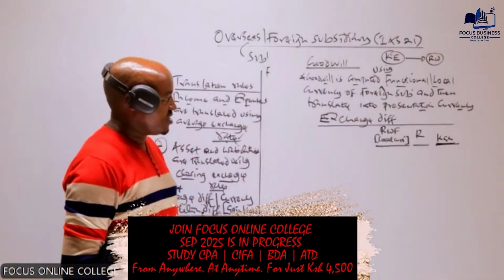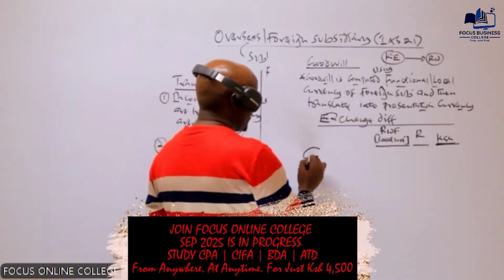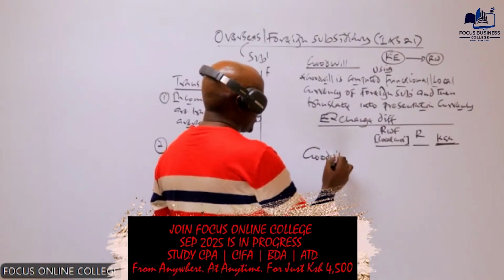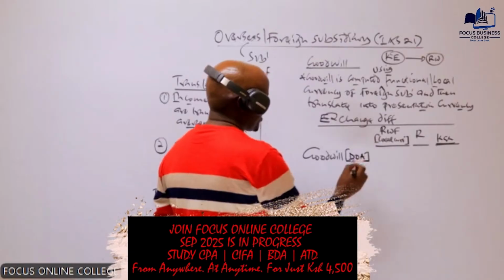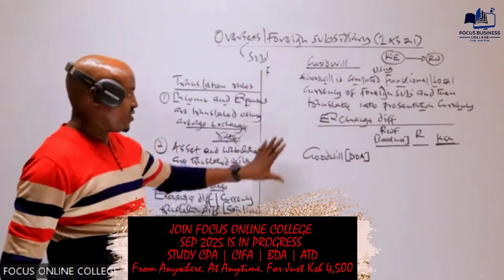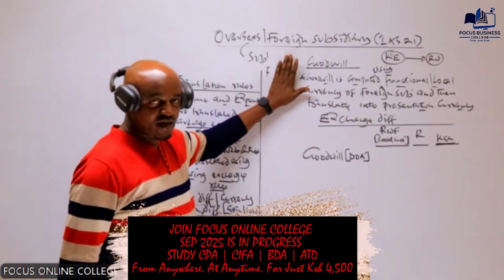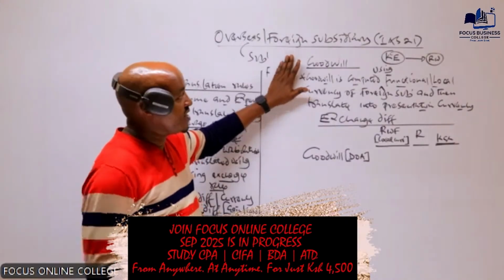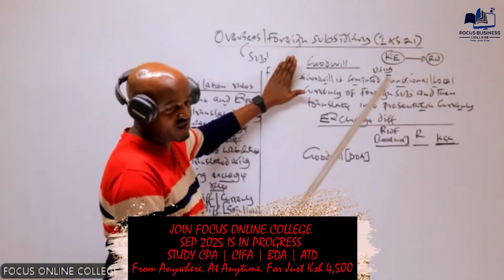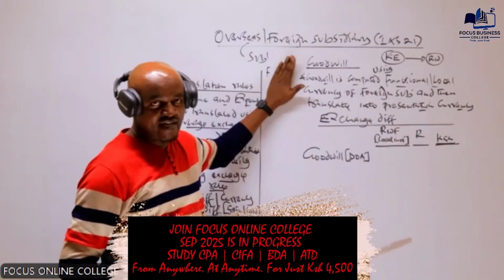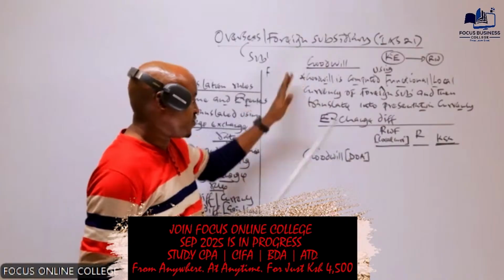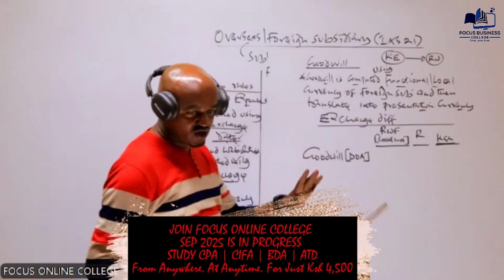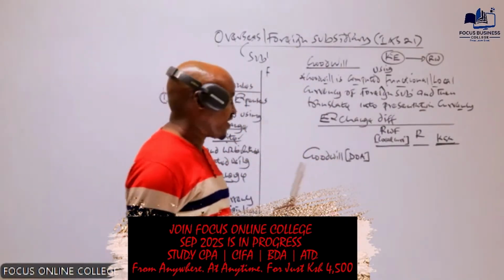is the Kenyan shilling. So here we always start with the goodwill on acquisition. The goodwill at the date of acquisition. You'll be able to see in all these particular questions for a foreign subsidiary, this particular foreign subsidiary is always acquired at the start of the current year. So therefore, we compute this goodwill on the date of acquisition, which is always at the start of the current year.